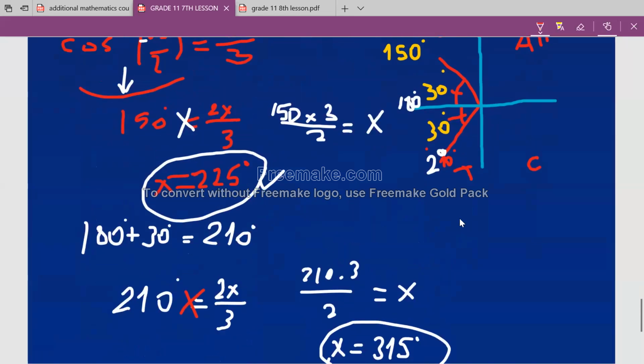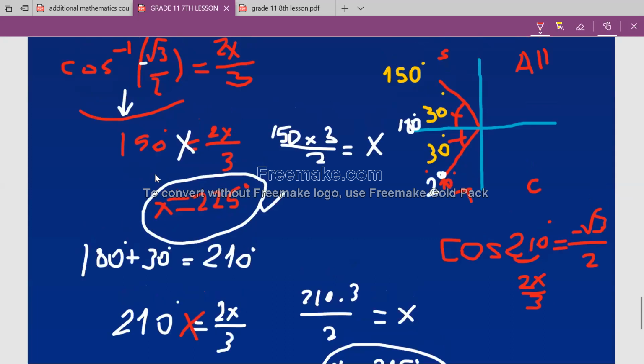Because when you type in calculator cosine 210, it equals negative square root of 3 over 2, like what we have done with 150. This is not x. This is 2x over 3, okay?